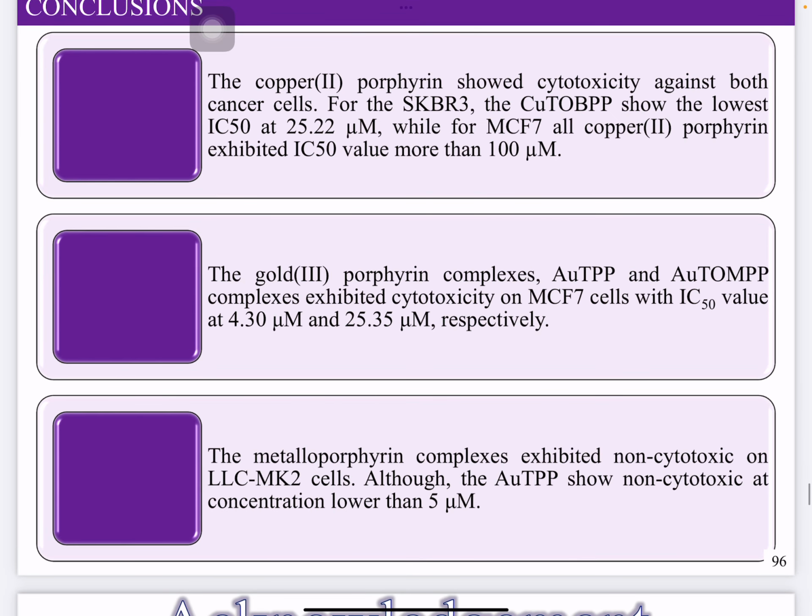The copper porphyrins show cytotoxicity against the cancer cell SKBR3, and copper TOBPP showed the lowest IC50 at 25.22 micromolar, while for MCF7 all copper 2 porphyrins exhibit an IC50 value of more than 100 micromolar.